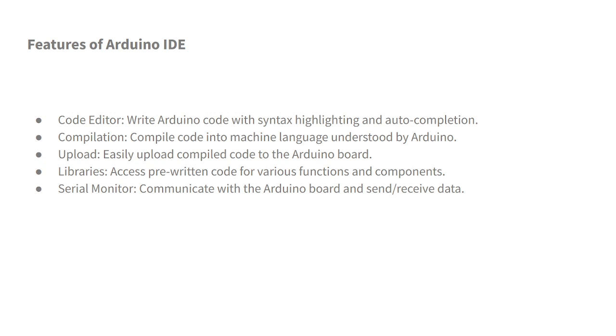These are some features that tell about the functions of Arduino, like the code editor, which helps us write the code, and the compiler, which compiles the code into machine language that is understood by the Arduino board. Then we can upload our code into the microcontroller using it. It also provides a set of libraries which help us write code for different kinds of projects.